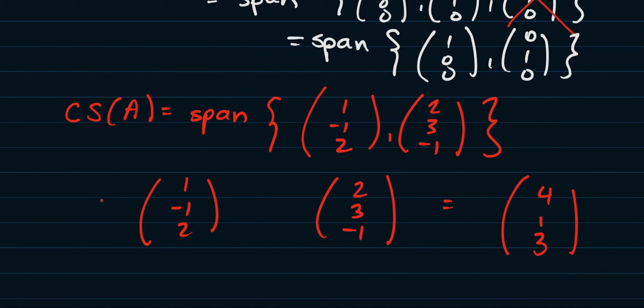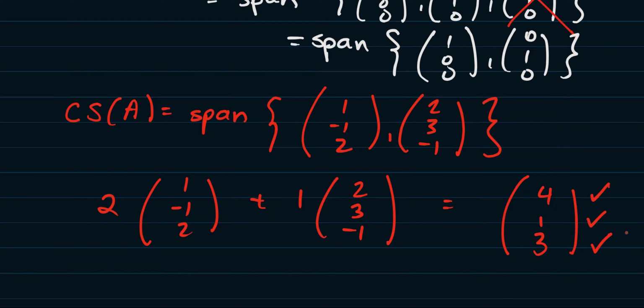Let's see if I multiply this one by 2 and multiply this one by 1, add them, I get the third column. So we get 2 plus 2 is 4. The first one's correct. And then we get negative 2 plus 3, that's 1. And then 4 minus 1 is 3.